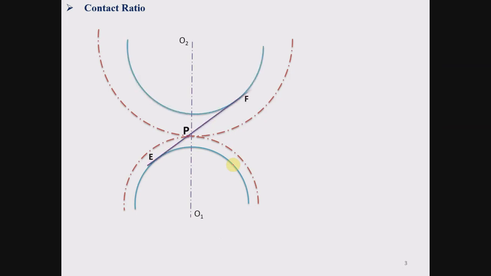Points of tangency E and F are joined by the common tangent to both base circles. That is line EF, which is also called the pressure line or line of action. This pressure line EF is perpendicular to the radius of rotation at the points of tangency, so EF is normal to O1E and O2F.